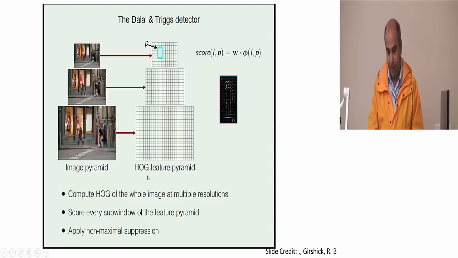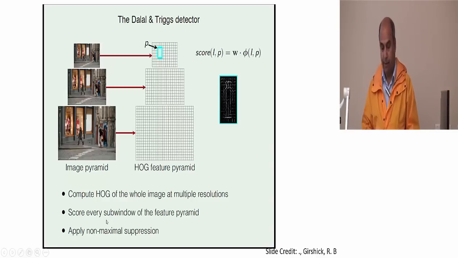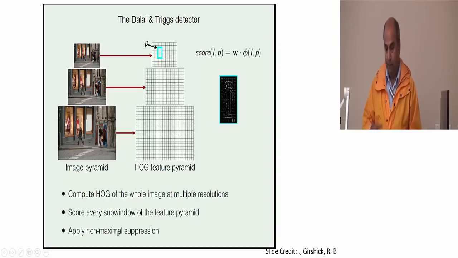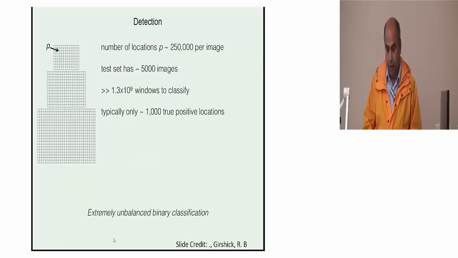So the steps are: compute the HOG of the whole image at multiple resolutions, the pyramid levels, then scan every sub-window of each pyramid, apply the non-maximum suppression, and pick the one which is maximum locally.